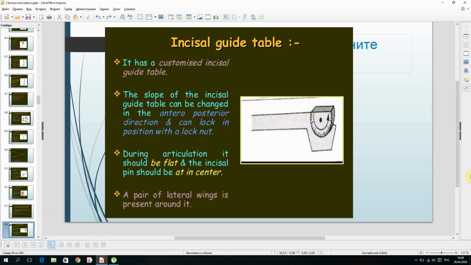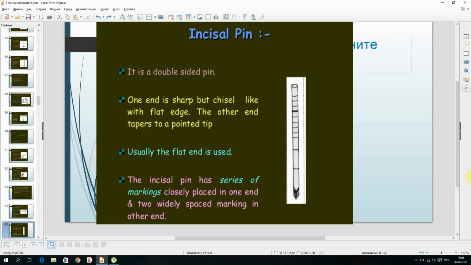A pair of lateral wings is present around it. Incisal pin. It's a double-sided pin. One end is sharp, the other chisel-like with a flat edge. The other end tapers to a pointed tip. Usually, the flat end is used.